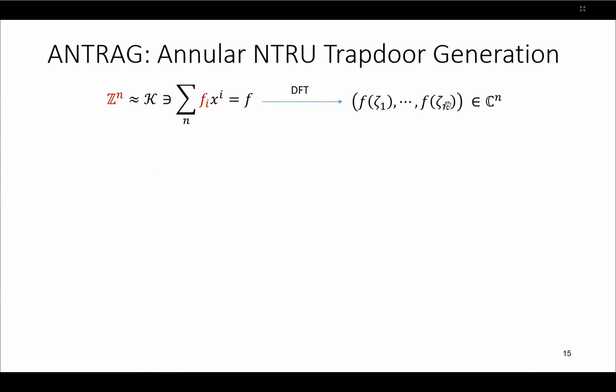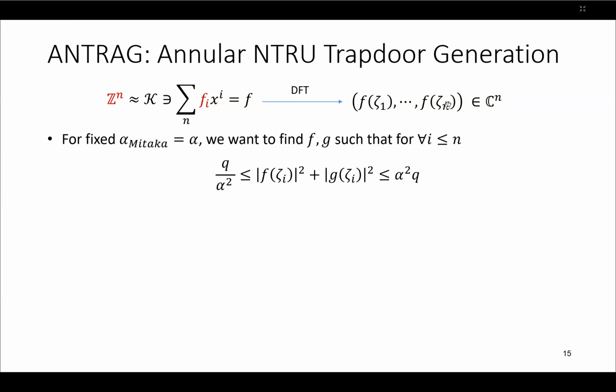More precisely, in the hybrid matrix, we are not interested in the Z^n representation of f and g, but in the Fourier representation, which means the evaluations of f and g over the n roots of unity related to K. So for a small alpha, we transform the problem into finding f and g such that these evaluations satisfy this type of inequality.